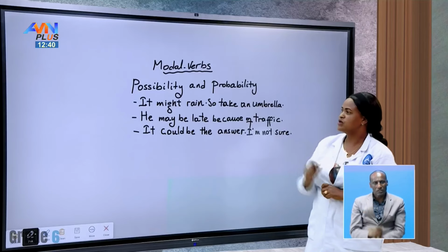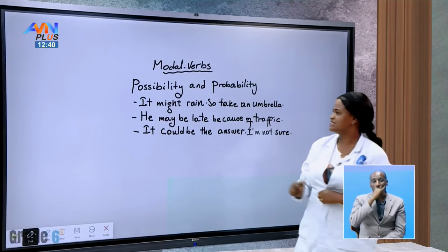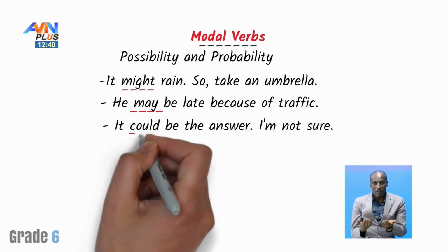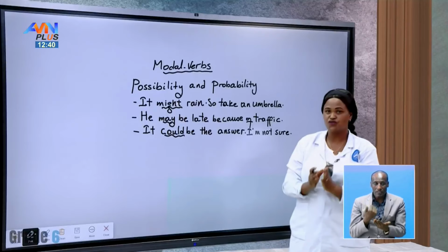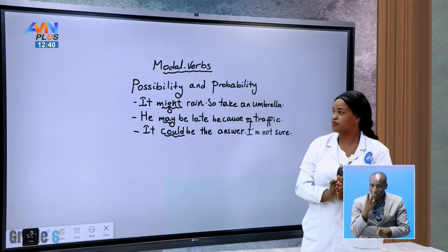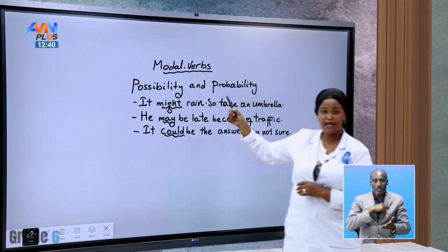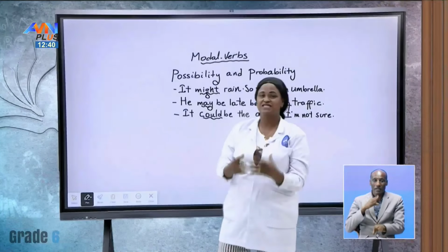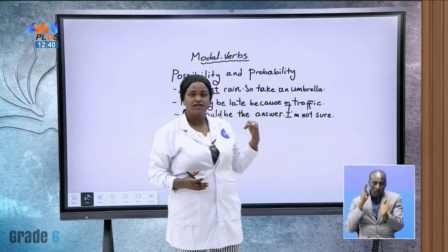Yes, the modal auxiliaries that we see in these sentences are might, here, yes, may, and could. Now, what do I tell you first? Today we are going to focus on those that can help us to express what? Possibility and probability.